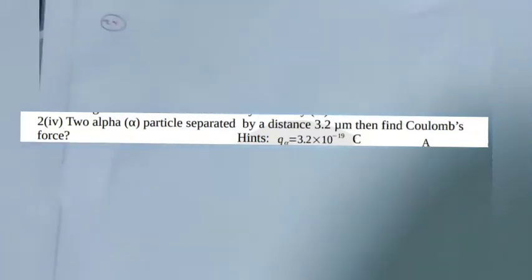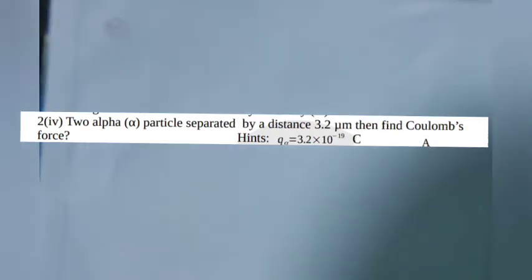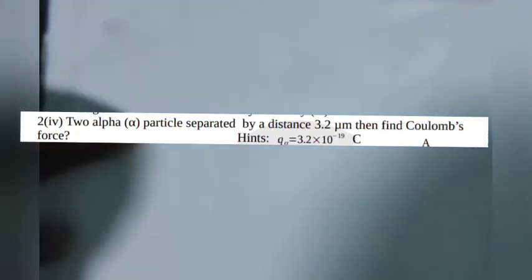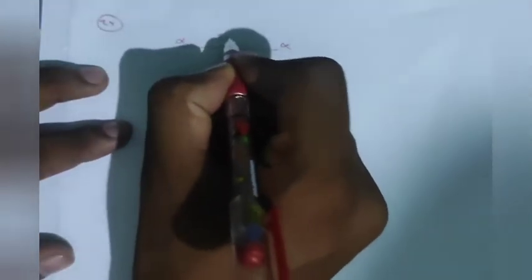So what was the question? The question was, two alpha particles are separated by a distance of 3.2 micrometer, then find the Coulomb force. One hint is given, that the charge of an alpha particle is 3.2 into 10 to the power minus 19 Coulomb. So what was given? There are two alpha particles separated by a distance of 3.2 micrometers.